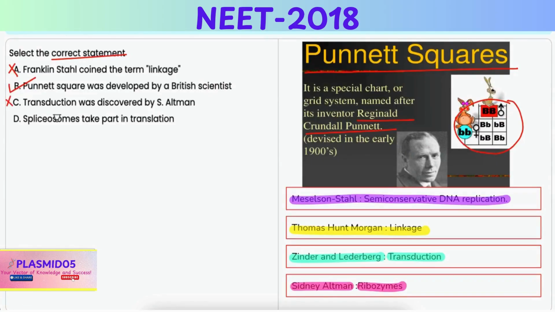Option D, spliceosomes take part in translation. Now it is also incorrect because spliceosomes are involved in splicing during RNA processing, which occurs before translation.